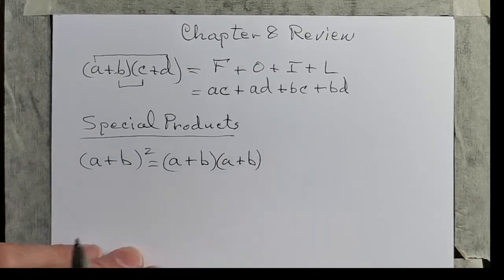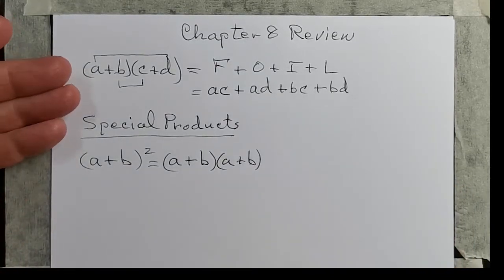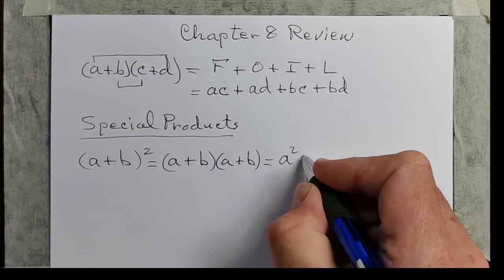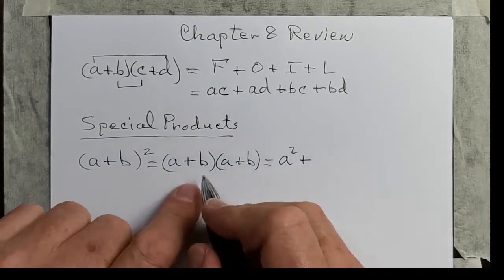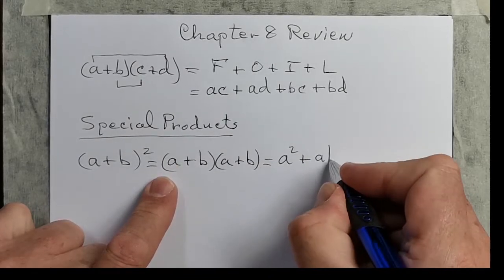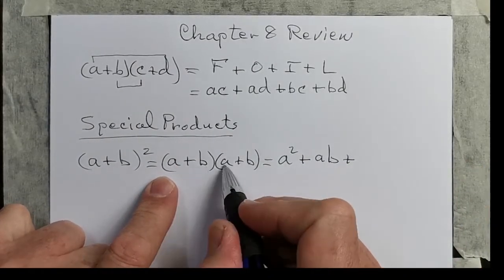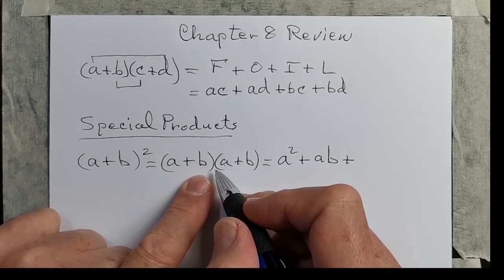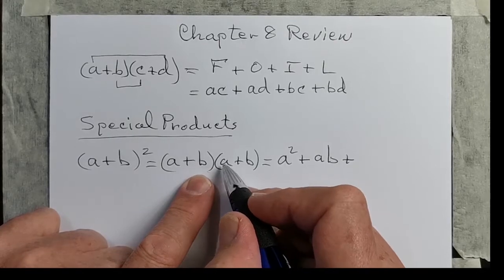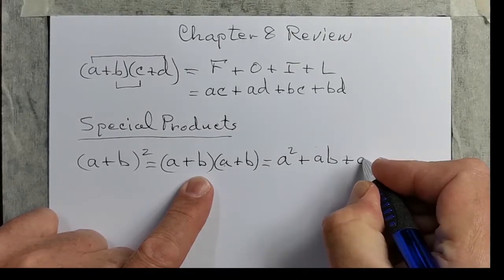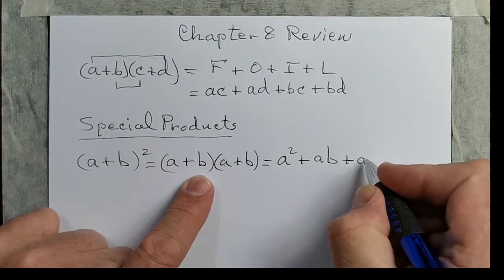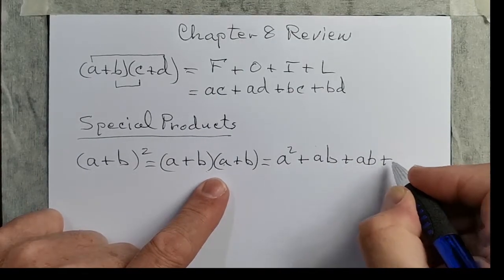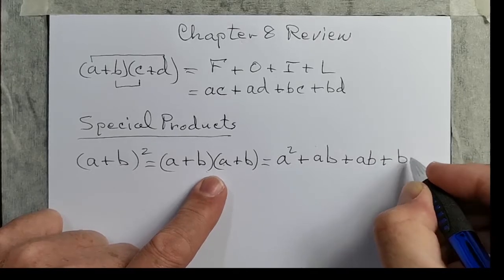And if you were to multiply this using the rule above, first, outer, inner, last, you would get a squared, that's first, plus outer, ab, plus inner, ba, or it's also ab. Remember, you can multiply in any order. B times a is the same as a times b. Plus the last term, which is b squared.